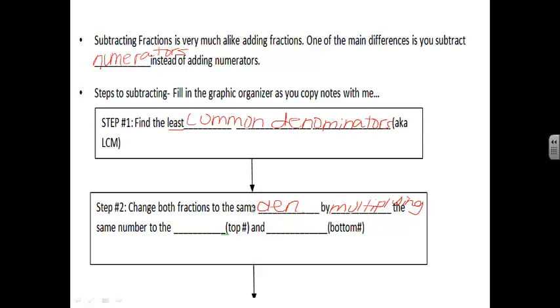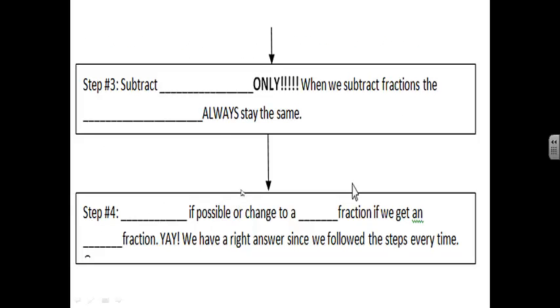So change both fractions to the same denominator by multiplying the same number to the numerator, which is the top number, and the denominator, which is the bottom number. Okay, if you're a little lost here, that's okay. We're going to do a lot of examples. So bear with me. Okay, the third step is you only subtract the numerators, only the top numbers. So you're only subtracting the numerators.